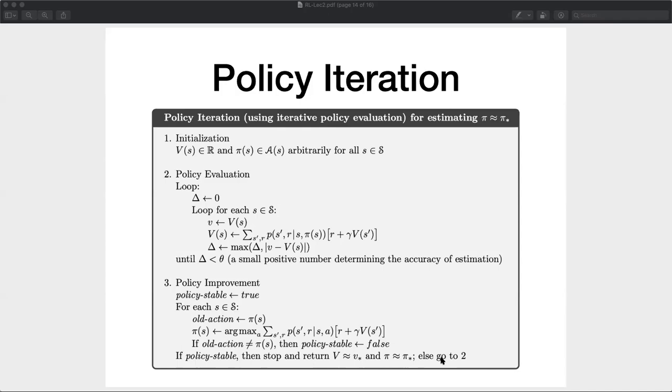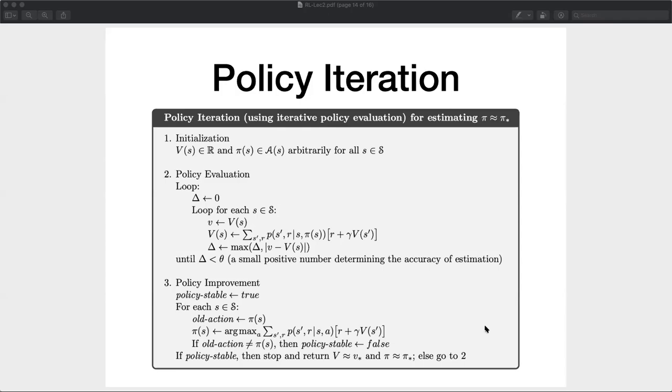If not, then you need to go back to 2. You've updated your policy, it's not stable, but use this new policy to do policy evaluation. This is going to give you new V's. And then you use those V's to determine what the new policy is. And if the new policy says that the actions are all the same, they're not changing anymore, then you can quit. So that's how you do policy iteration.